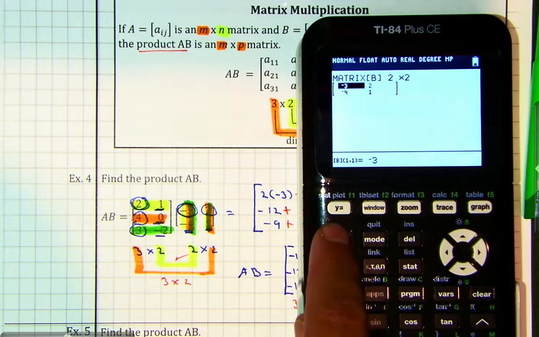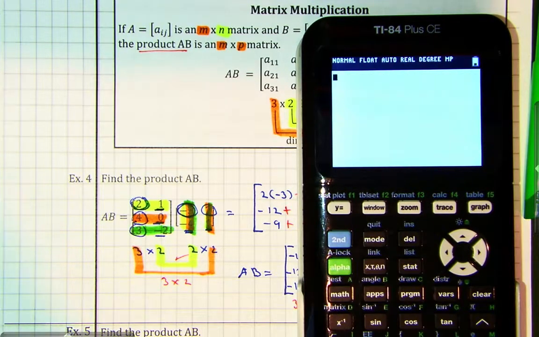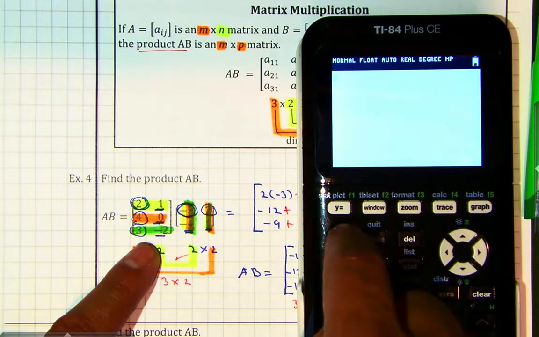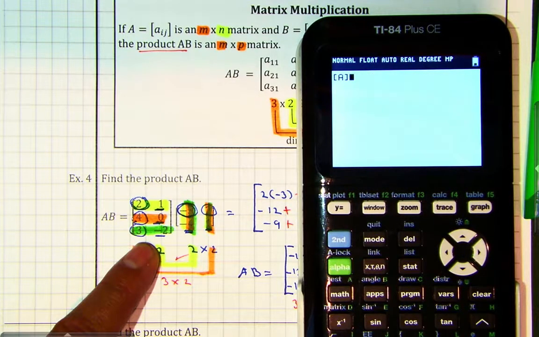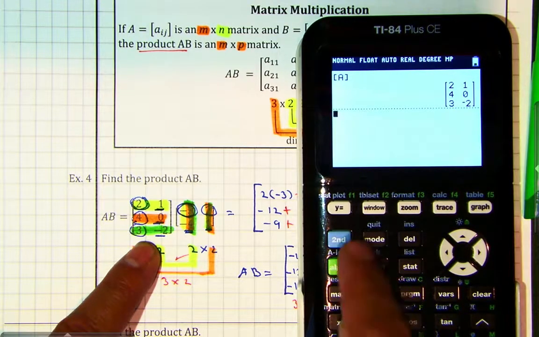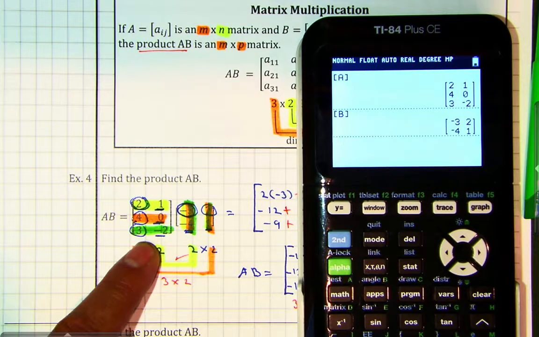And now that I press enter on the last number, I'm going to go quit. And now let me go through my matrices just to make sure that they're there. So I'll go second matrix, I'm going to press number 1, and I'm going to press enter. And the first one's there. I'm going to do the same thing with the second one. Matrix, I'm going to go into the second one, B, and the matrix is right there.